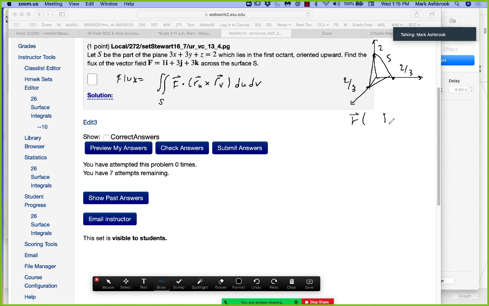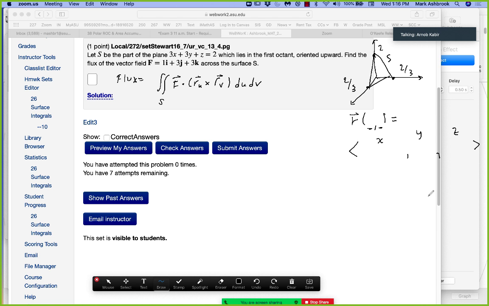So remember, when you parameterize a surface, you have to choose your two variables carefully. You get two variables to express every point x, y, and z in R3. So for this particular situation, what's going to be our best choice for our two variables?